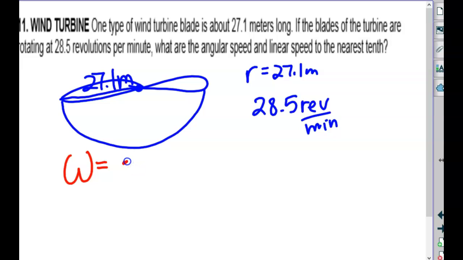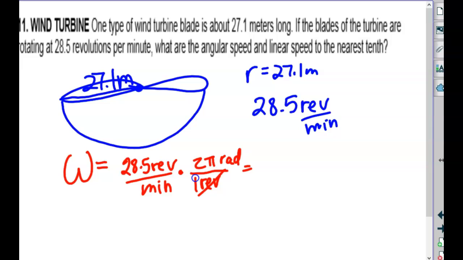No. But can we take that 28.5 revolutions per minute and just do a little smushing with it and end up with radians per time? How do I change revolutions to radians? Okay, 1 revolution is 2 pi radians. Now revolutions is gone, and I get an answer.